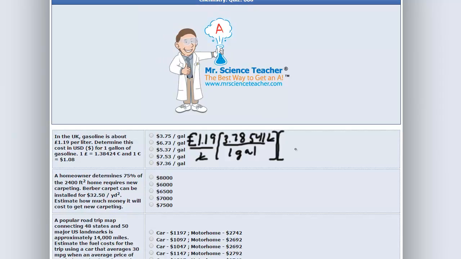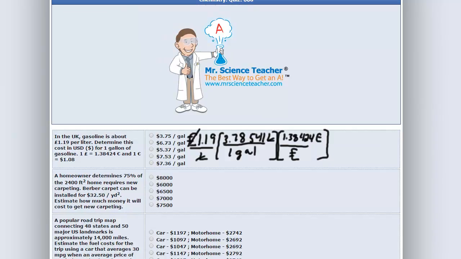So it turns out that for one British pound, we're going to have 1.38424 euros.